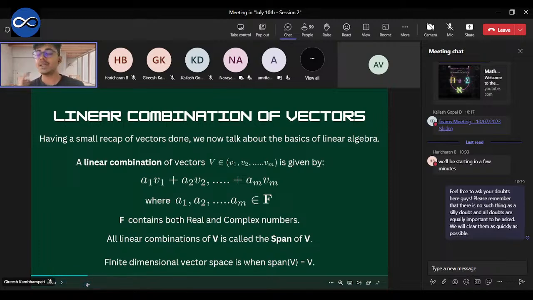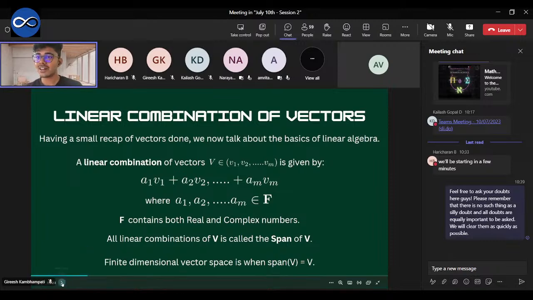Another important thing to note while considering a set to be a field is that the binary operations must hold. For example, if you take natural numbers, 2 by 1 will give me 2. But 1 by 2 will give me a half, 0.5, which is not a natural number. So natural numbers are indeed not a field as such.